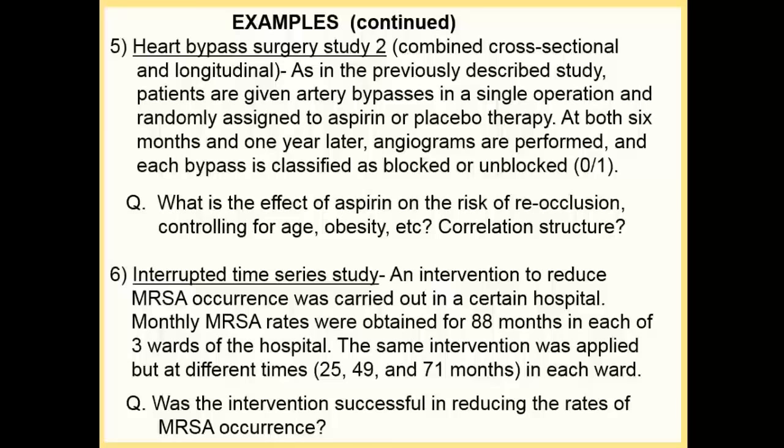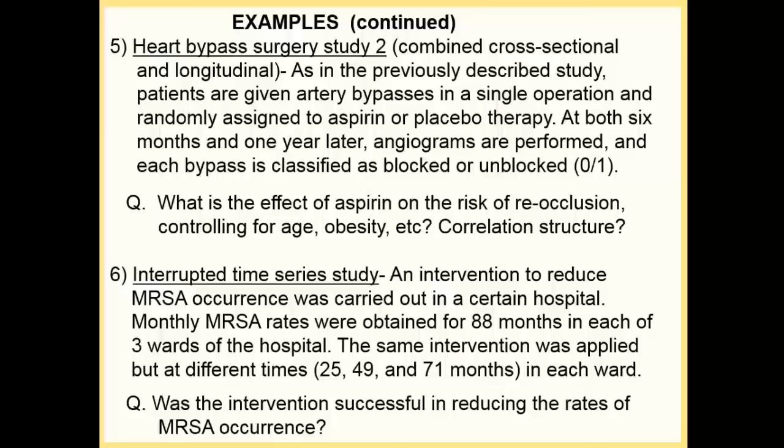Okay. Now, what's the main question of interest? You're looking at the rates up to month 25, and then you're looking at the rates after month 25, right? So you've got this variable that represents a treatment or intervention, okay? Up until month 25, the variable was no intervention.